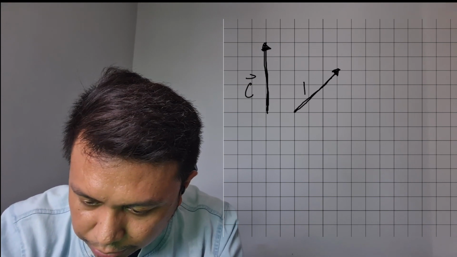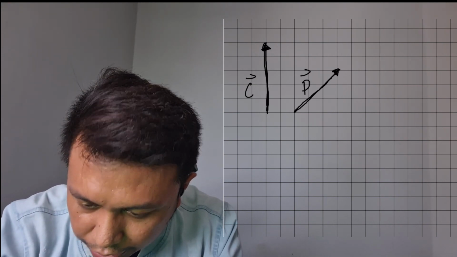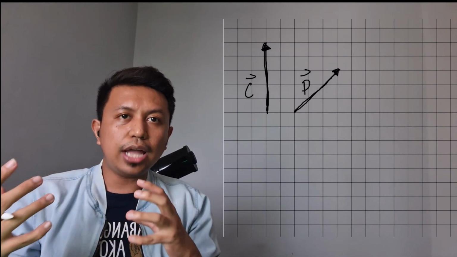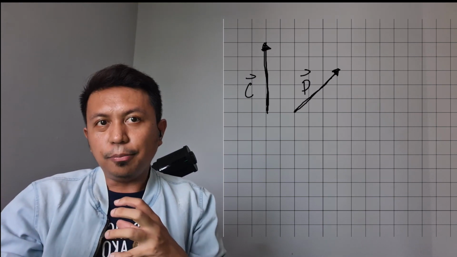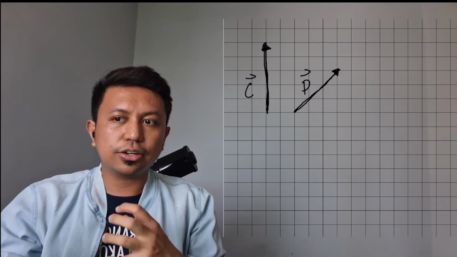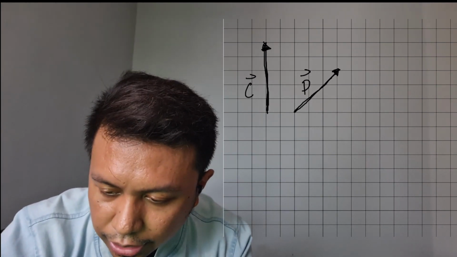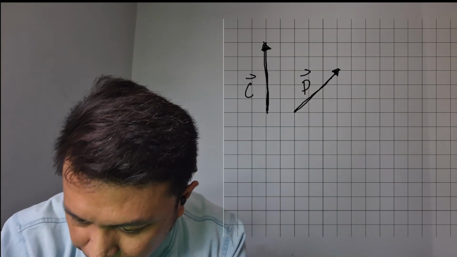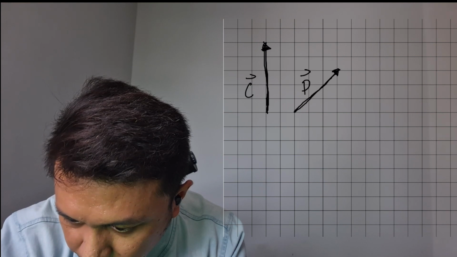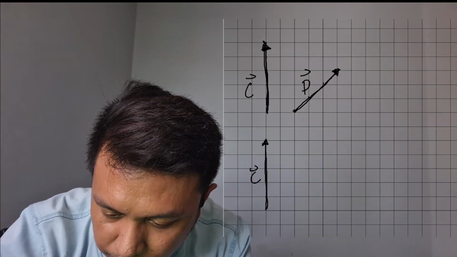D, not B. If you want to add these two vectors, what we do is we just connect the head and the tail. Therefore, this vector is 1, 2, 3, 4, 5, 6 blocks.